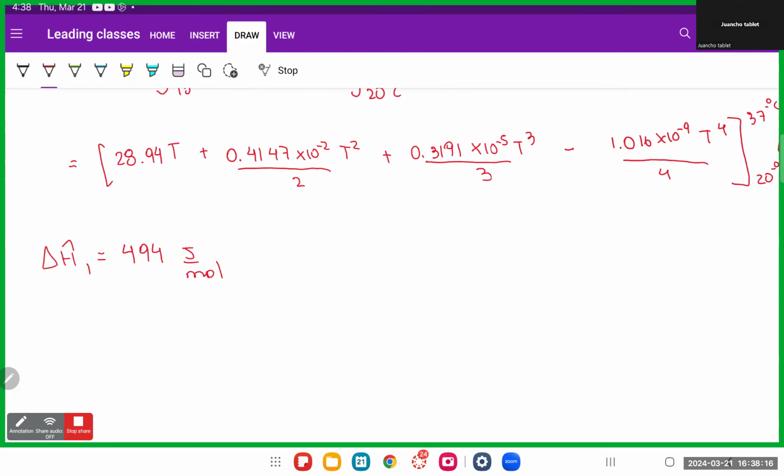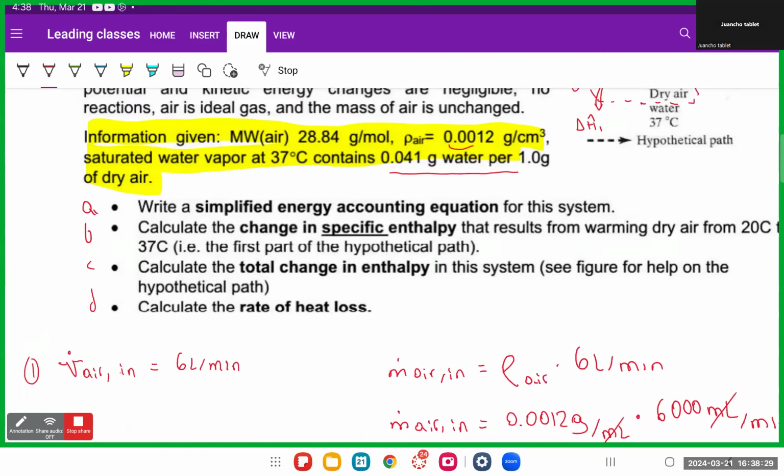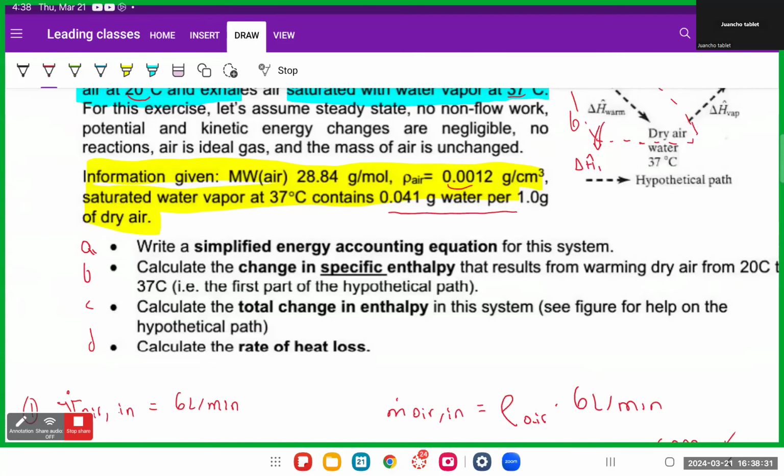With that, it's good, but remembering that we were foreshadowing this type of math in the future, we have to transition from moles to grams. So let's see what we can do for that. We have the molecular weight of air, so we can use that to transition from moles to grams.